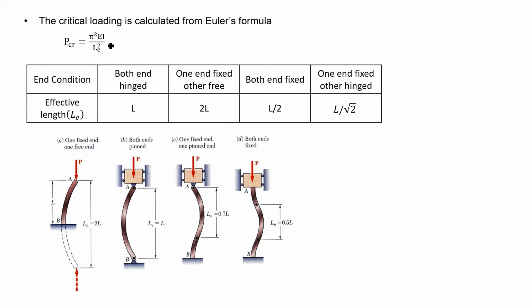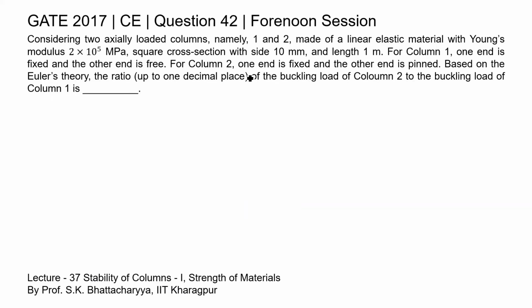Now, this critical loading can be found as pi square EI by LE square, where LE is the effective length of the column.